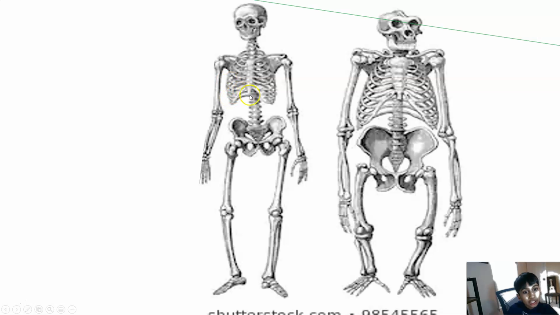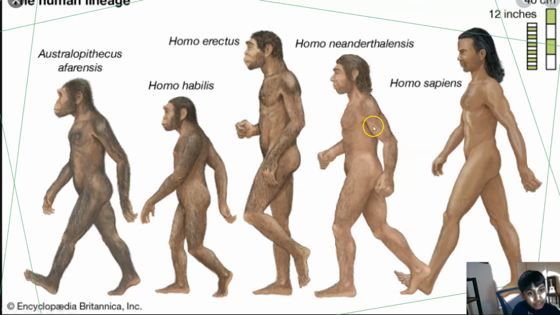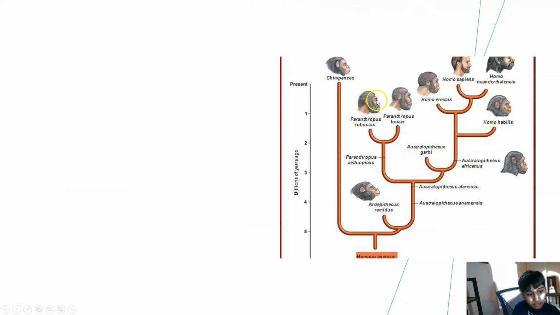And also, do you know when I said two families got created? I'll go back to that page, where Paranthropus robustus and Paranthropus boisei created a new family, and that's where the chimpanzee falls under too.